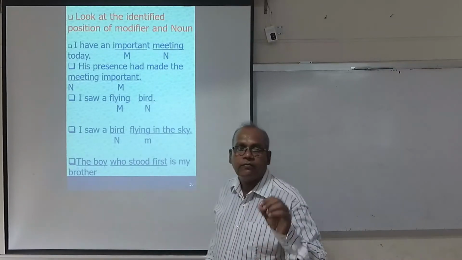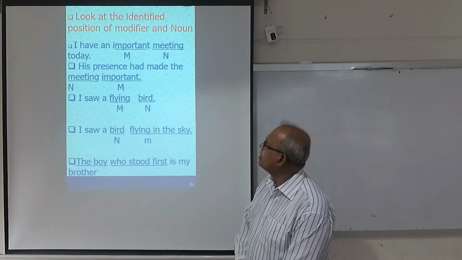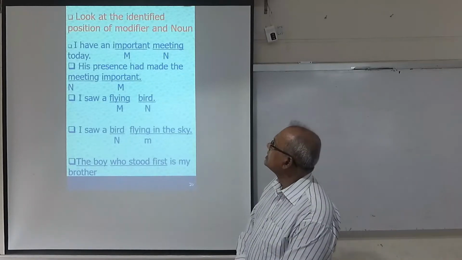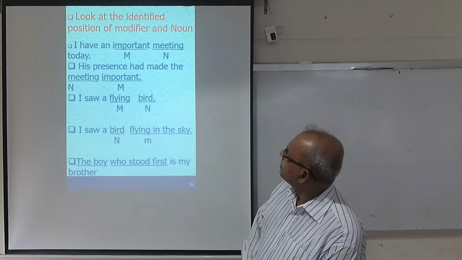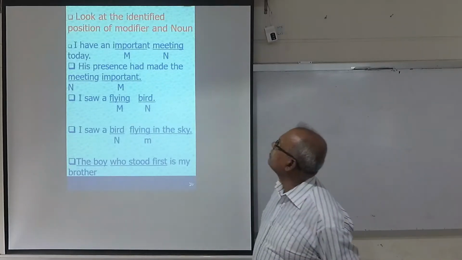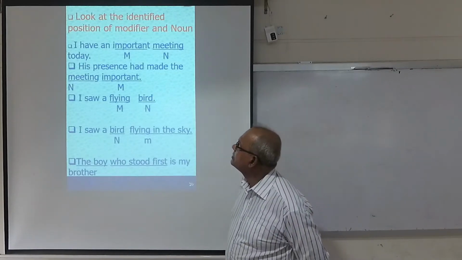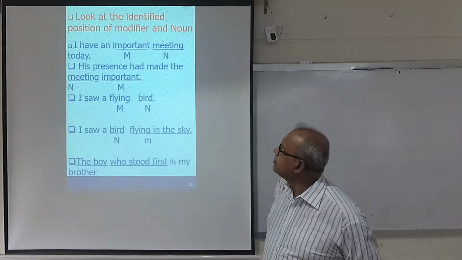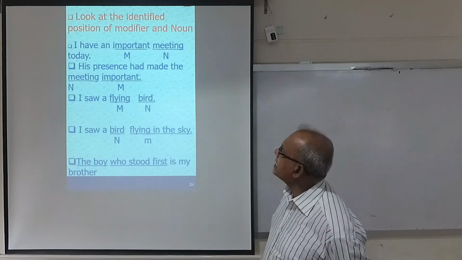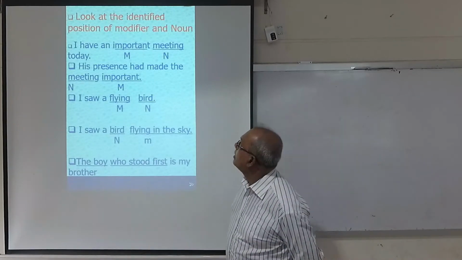Yes, students, for better understanding, I have pointed out the sentences' modifier and noun. Look at the identified position of modifier and noun. I have an important meeting. In this sentence, important is used here as pre-modifier and meeting is noun.